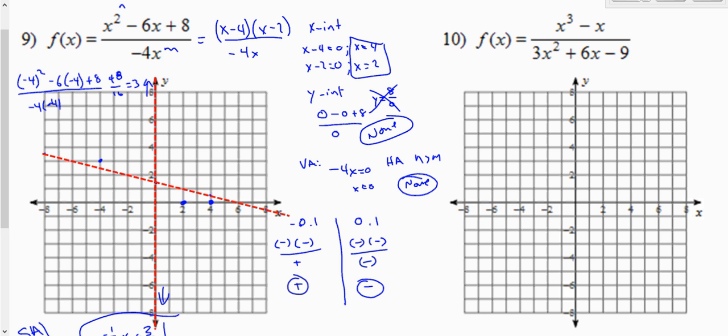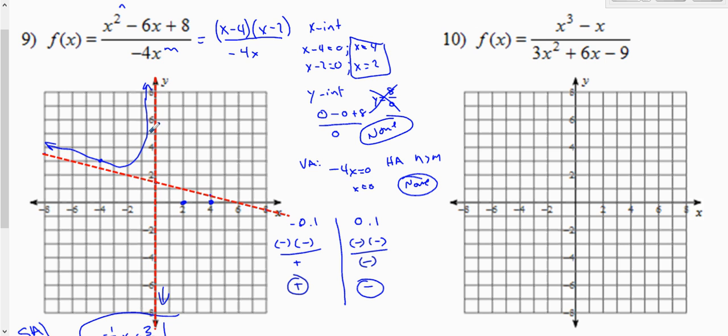Now I'm going to clean this up just so I can have a nice clean graph. So when I go down here, I'm going to come down into that corner and then round up and follow the slant asymptote, much like I did with the horizontal asymptotes.